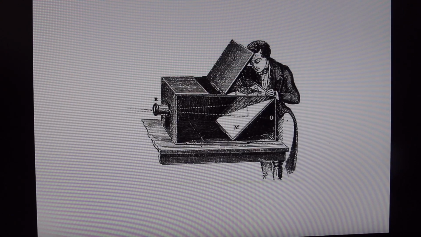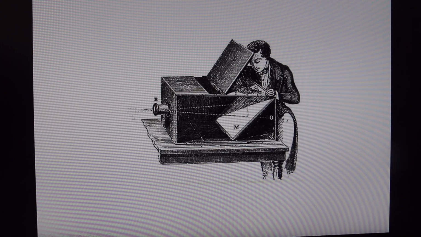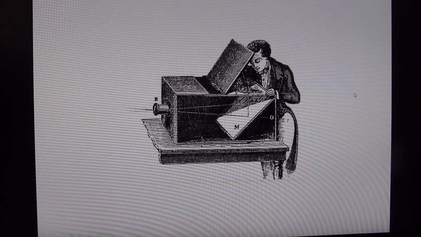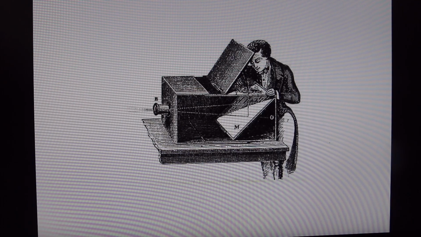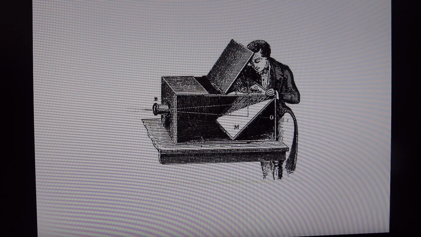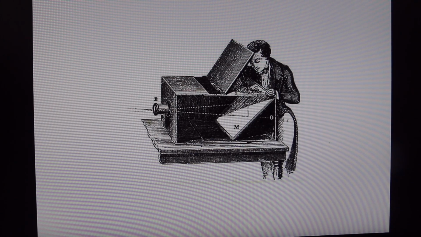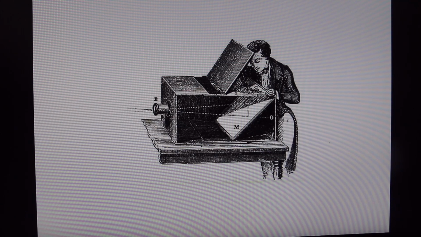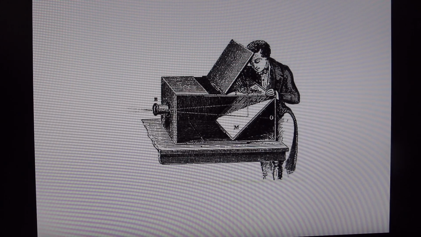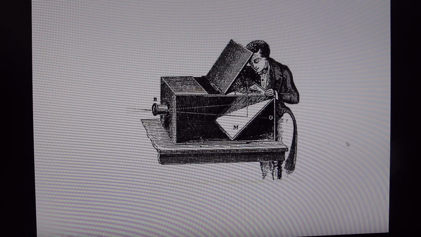It wouldn't be until the lens was perfected, and this, of course, comes about through people like Galileo, Copernicus. They were working on making better lenses to see into space, but at the same time, the work that was being done on those type of lenses could be incorporated by photographers. Artists, I should say. There's no such thing yet.